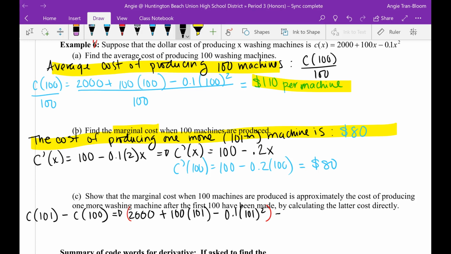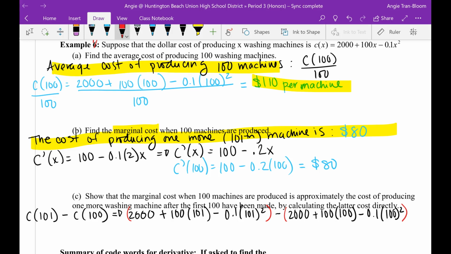Now let's take away the cost of producing 100 machines to see if the difference is about the marginal cost from part B: 2000 plus 100 times 100 minus 0.1 times 100 squared.